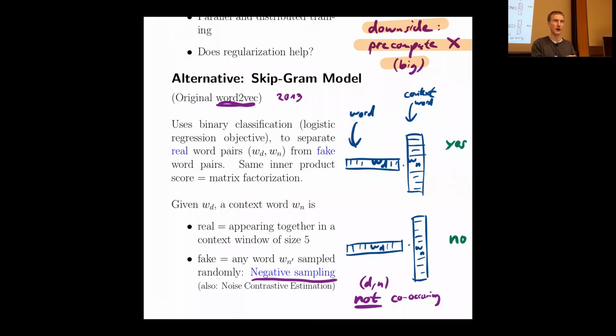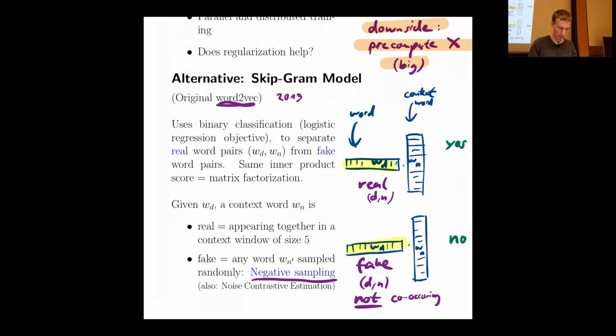So you do this while you stream, while you read through your text. You have a real co-occurrence, and then here you have a fake pair. This is a real D and N pair, and here is a fake one which is not appearing together. Again, the word D is fixed, because that's the word we are currently seeing.